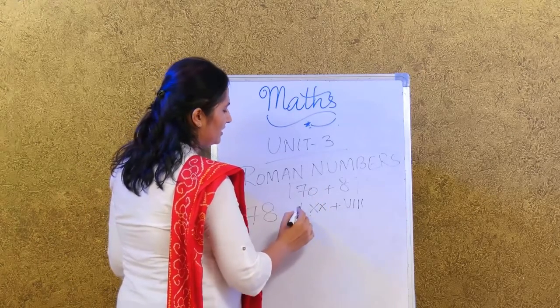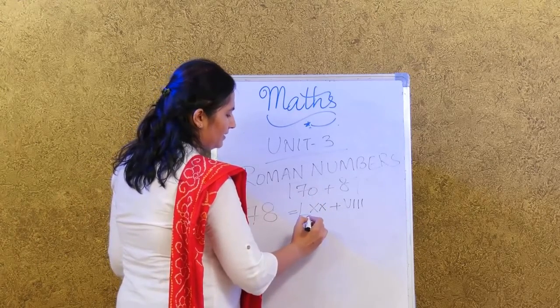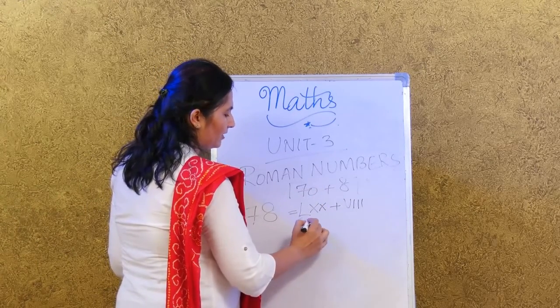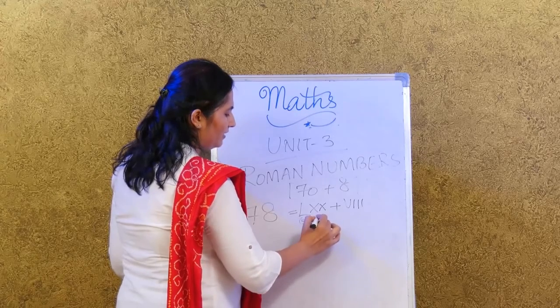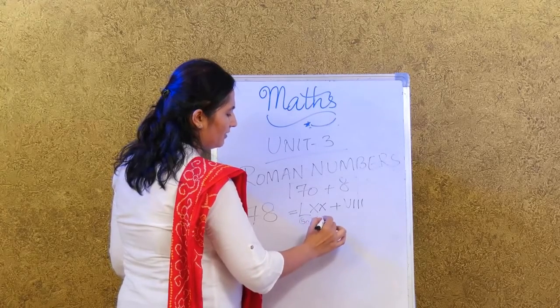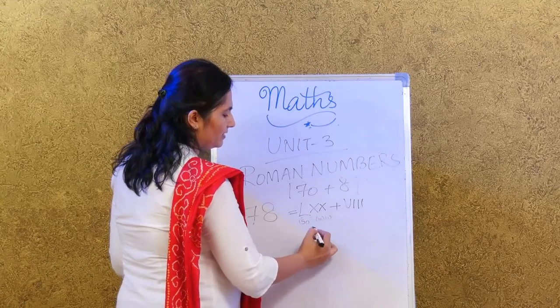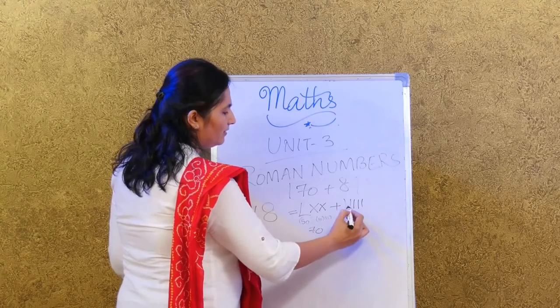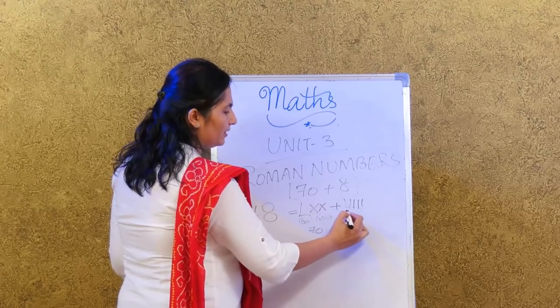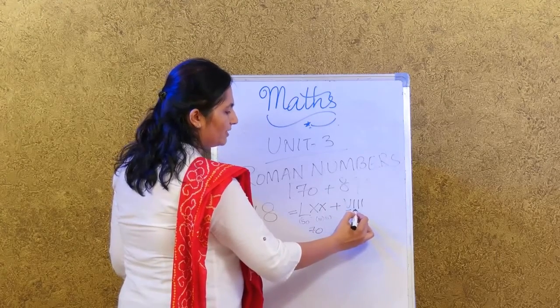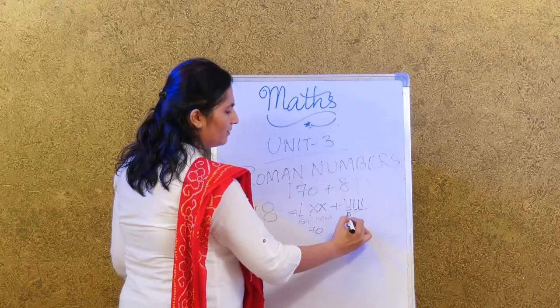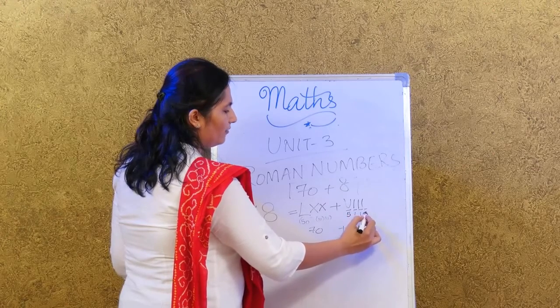So, 70 in the table, L has the value of 50, this has the value of 10, this has the value of 10. So, this is 70, plus on the table you will again see 5 plus 1 plus 1 plus 1. This has the value of 5, 1 and 1, 3.